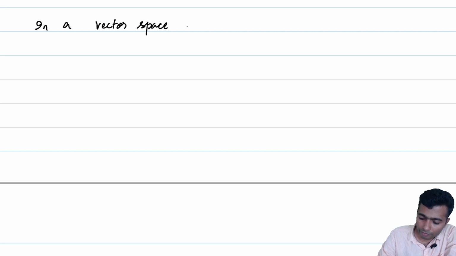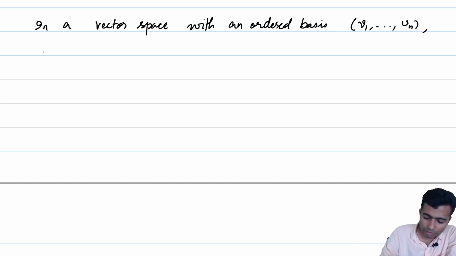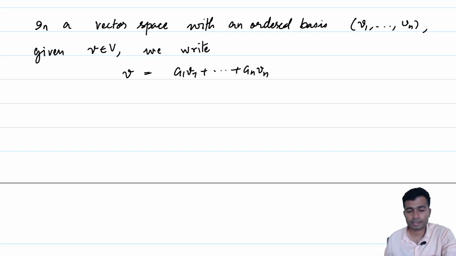So let me just note what I just said. In a vector space with an ordered basis given by V1 to Vn, given V in capital V, we can write V as being equal to A1 V1 plus up to An Vn, where the Ai's are scalars.